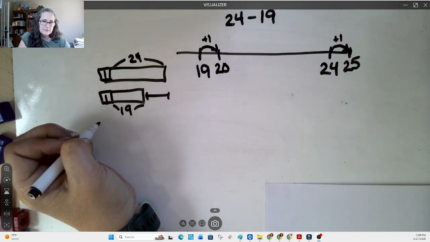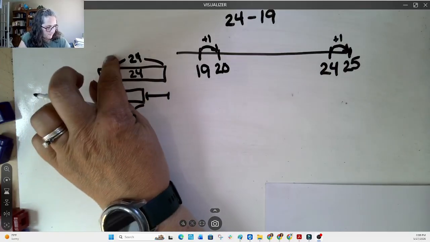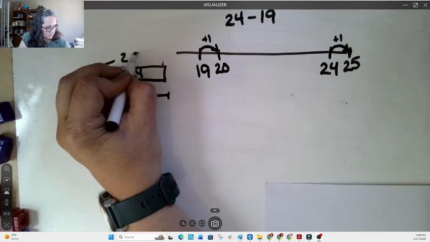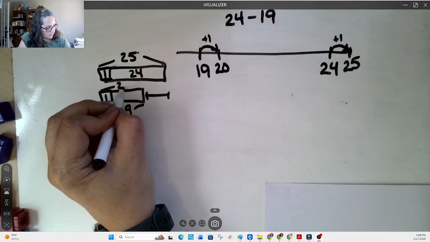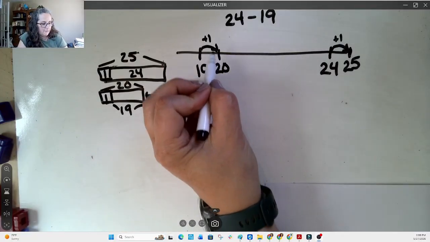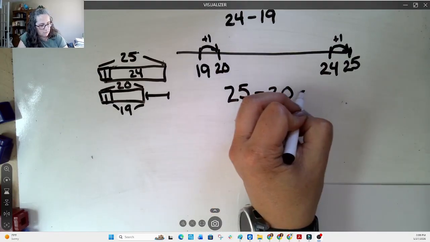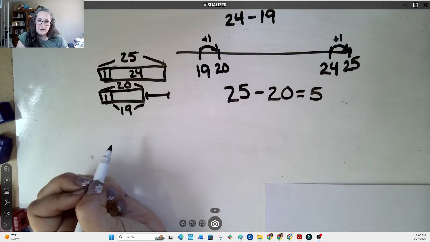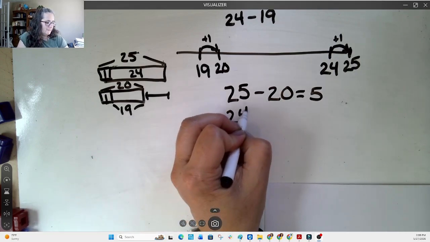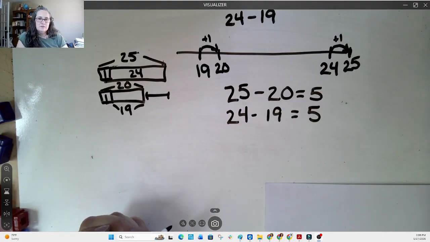When I do this, the distance between these has not changed. Let's just label these. 25 minus 20 is equal to 5. And we could also count in this one, 24 minus 19 was also 5. So this one's pretty easy to count. It's probably not a more efficient way to solve this problem, but let's look at some where it might be.